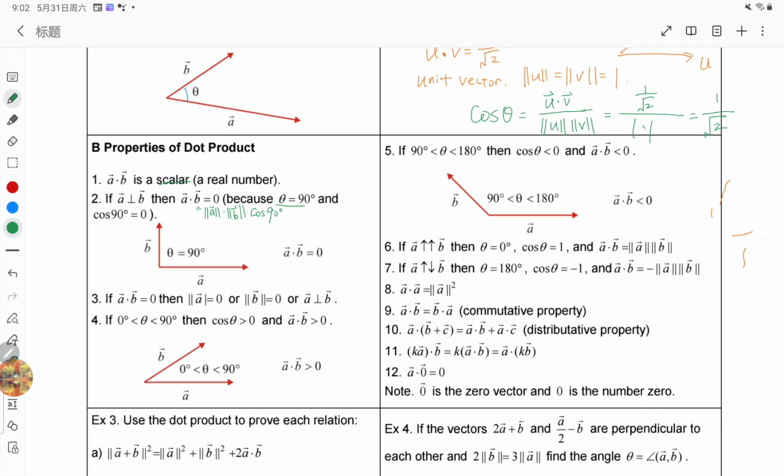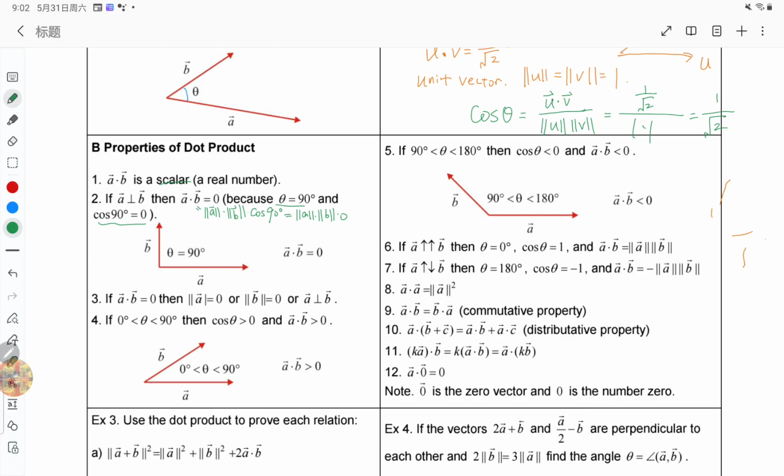And cosine 90 degrees is 0, so norm A times norm B times 0. So when A is orthogonal to B, the angle between A and B is 90 degrees, inner product 0, right?